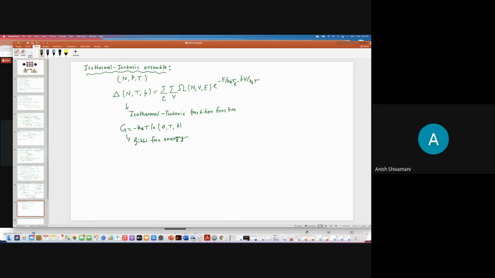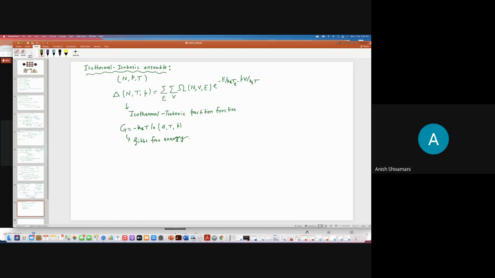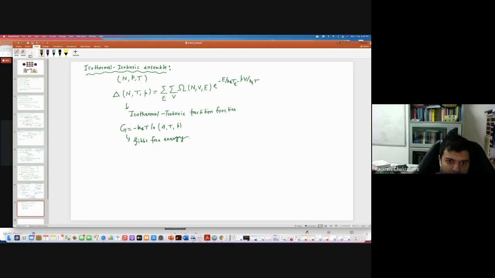That is delta of NTP, no? Yes, the logarithm. Sorry, I put it like this. This happens when you have so many things to write. Okay, so this is the expression.